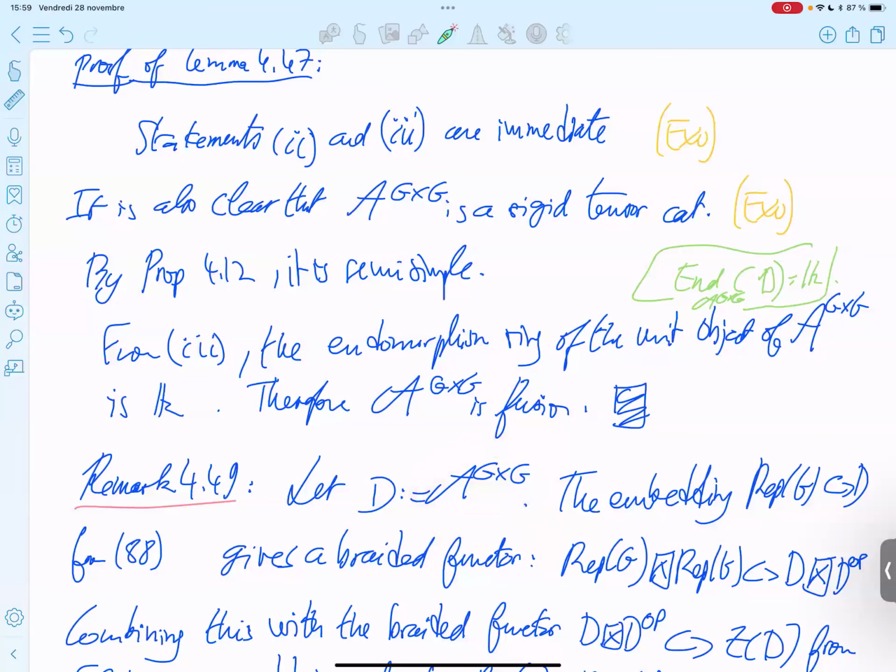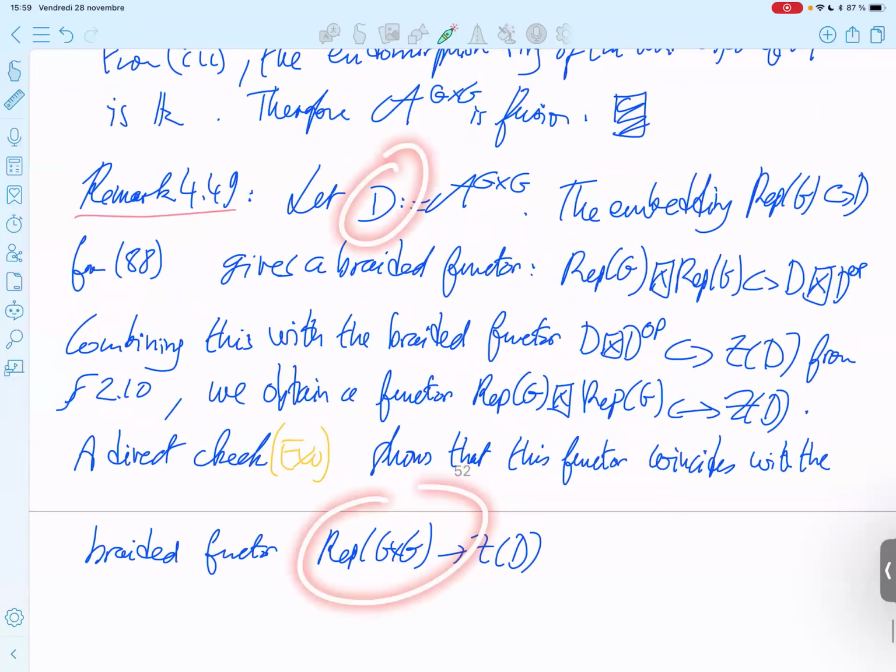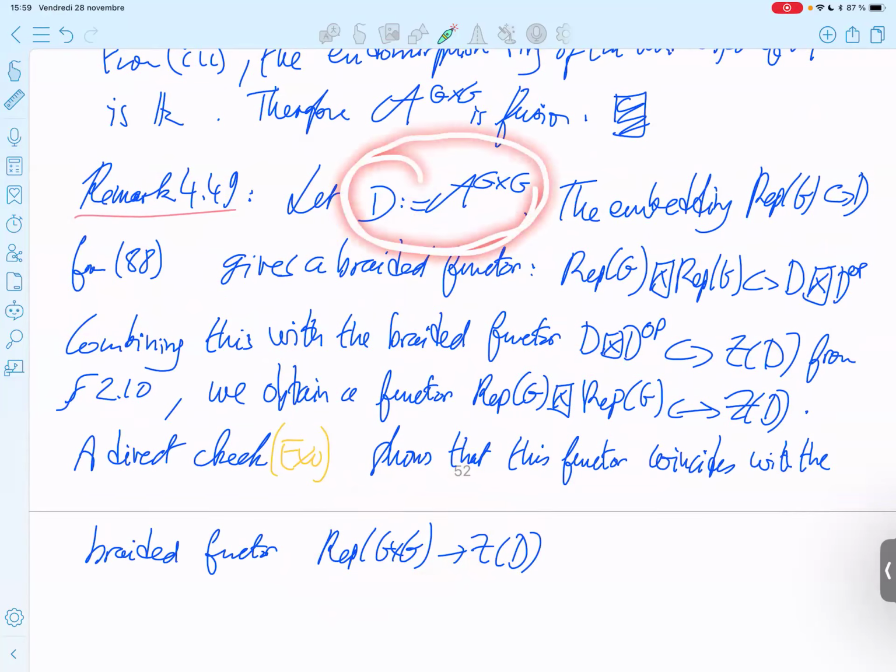So we know that Rep is there. You have this notion of central.